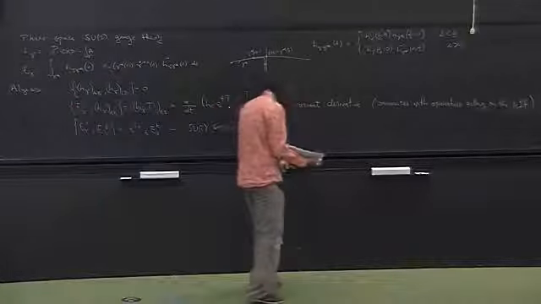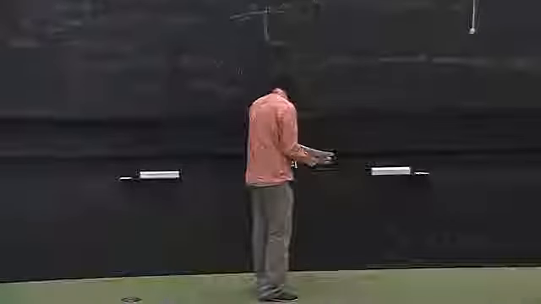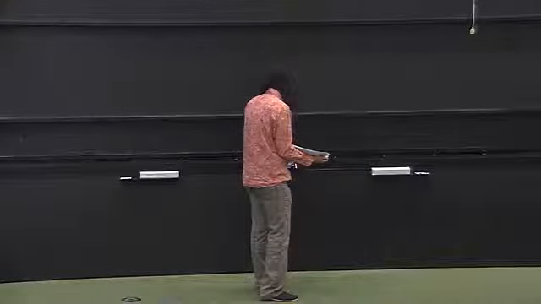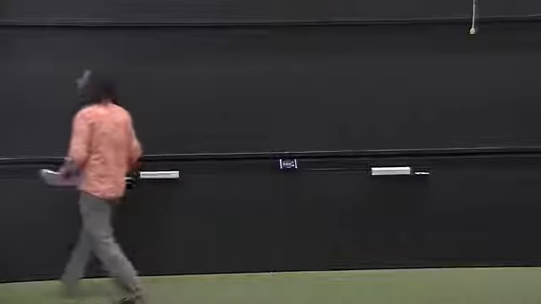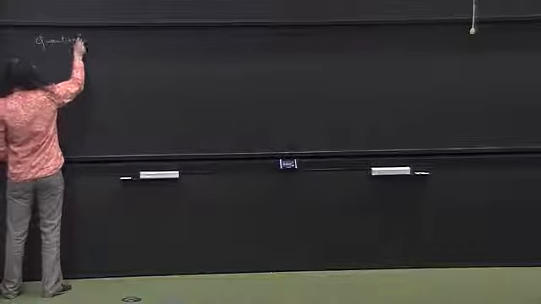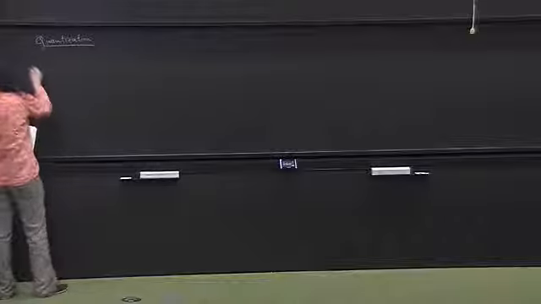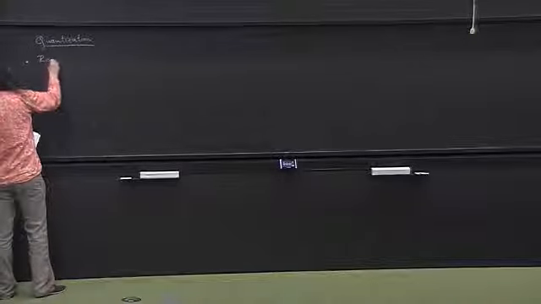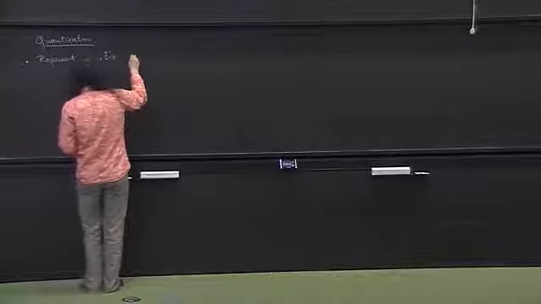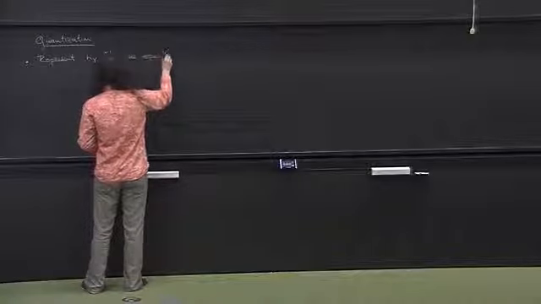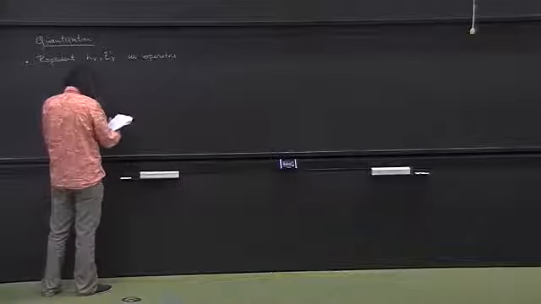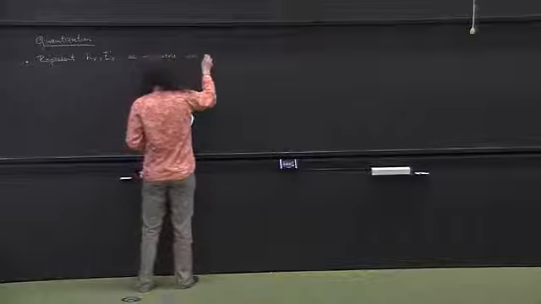So for the quantization, you want to represent H gamma and E gamma I as operators on a space of functions.